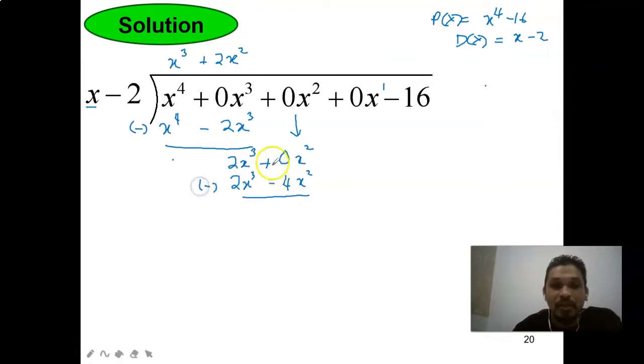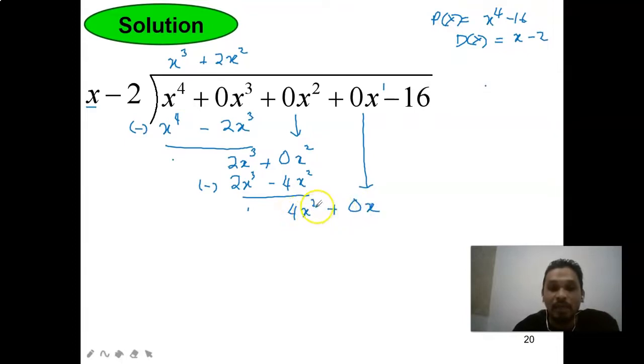Okay, slowly one by one. 2x cubed minus 2x cubed, 0. Negative times negative becomes positive, so 0x squared plus 4x squared, 4x squared. And bring down here plus 0x.